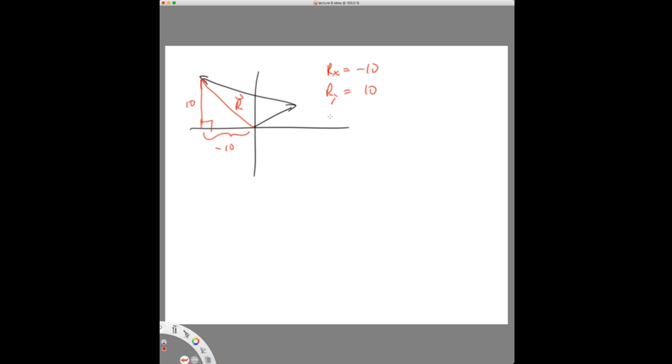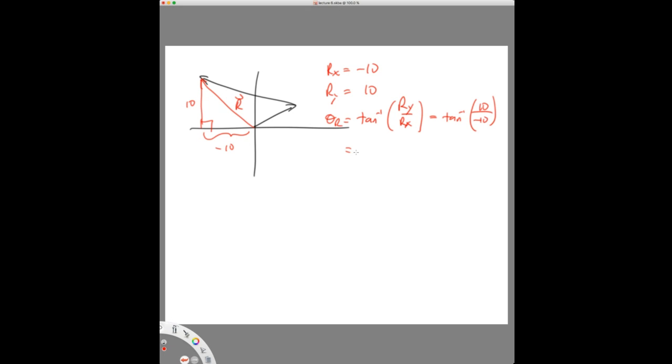So we always are going to find the angle by doing the inverse tangent of the y component over the x component. So in this case, this would be the inverse tangent of the y component is 10 and the x component is minus 10.